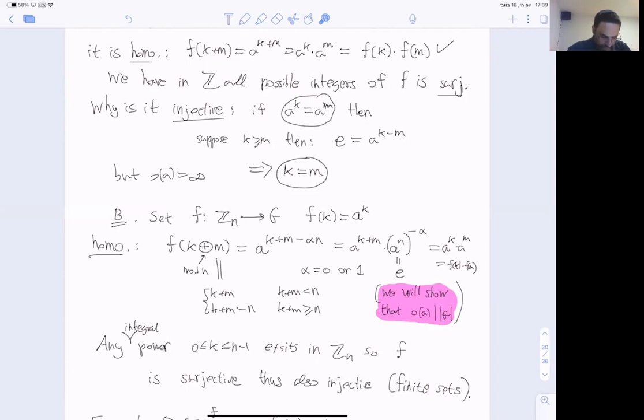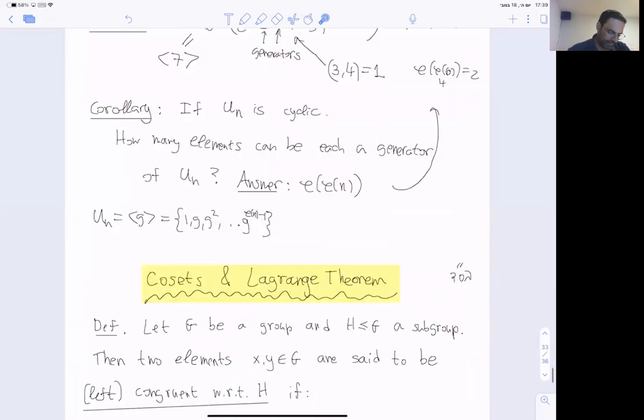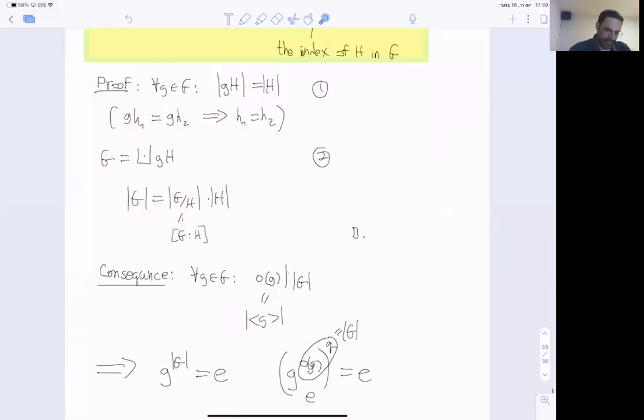We started with a group of order n, and we said this must be e. Now we understand why it must be e: if n is the order of the whole group, then any a to the power of n is e.